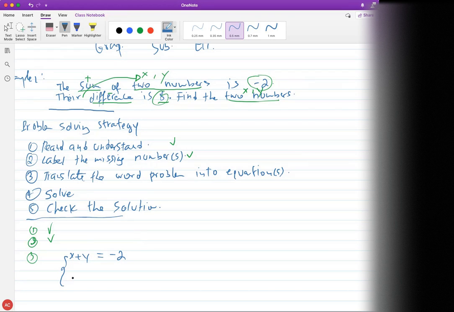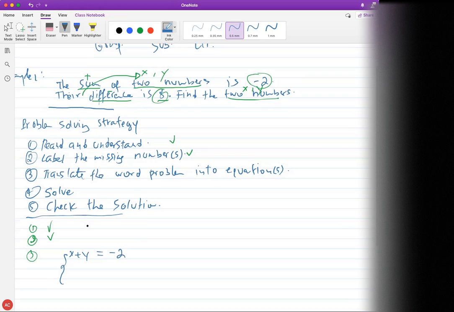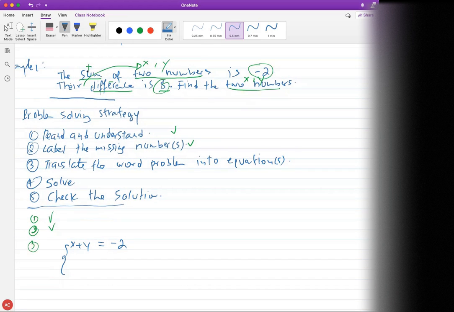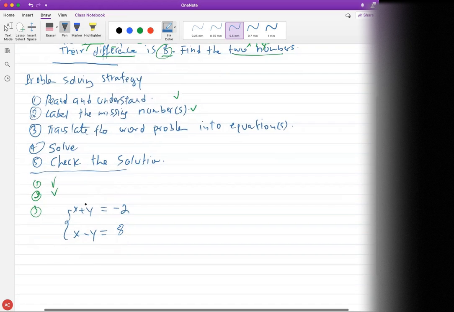It's not so much different than this one. We're only changing one word, basically. We change sum to difference. So X minus Y equals 8. That's right. So we have a difference here, we have a sum, and that's it.